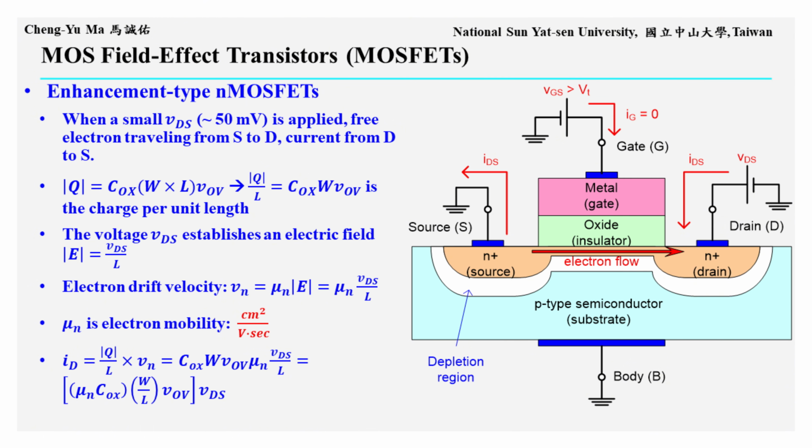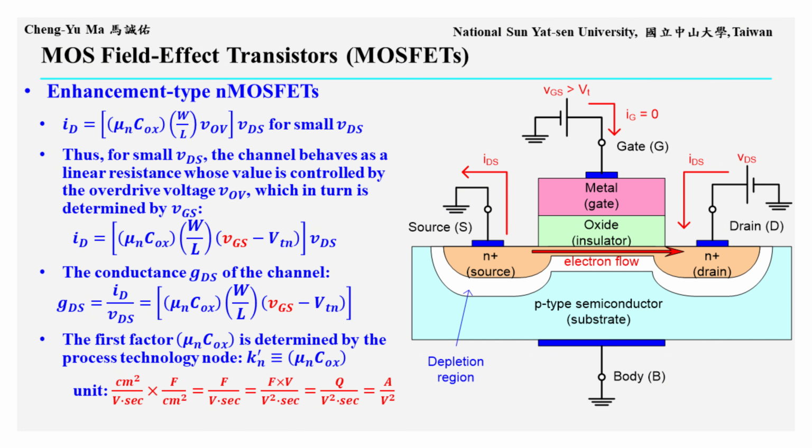The drain-to-source voltage also creates a lateral electric field, whose magnitude is V_DS over L. The electron drift velocity is μn times that electric field, or μn times V_DS over L. Therefore, the drain current I_D equals charge per unit length times drift velocity. This gives I_D equals μn times C_ox times W over L times V_OV times V_DS.